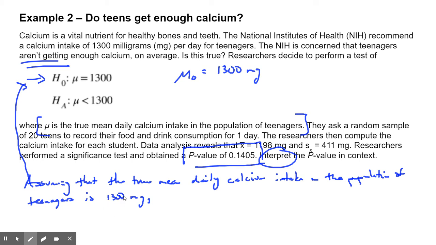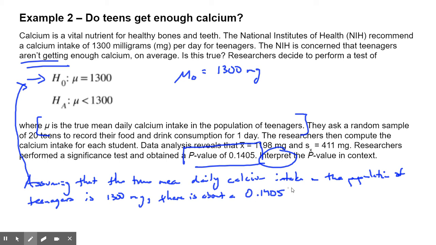Assuming that the null is true, there is about a 0.1405 probability, and again, for some reason, they just use the decimal. They don't use the percentage. I'm just going to follow them.